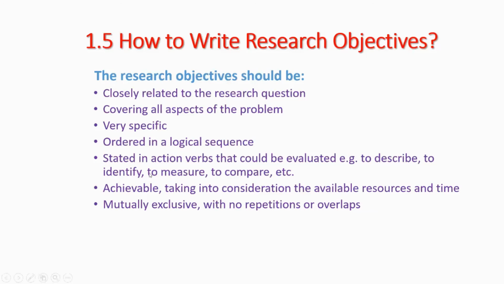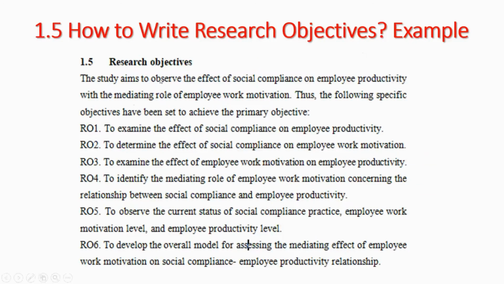See how to write the research objective. From that research, the study aims to observe the effect of social compliance on employee productivity with the mediating role of employee work motivation. Thus, the following specific objectives have been set to achieve the primary objective.